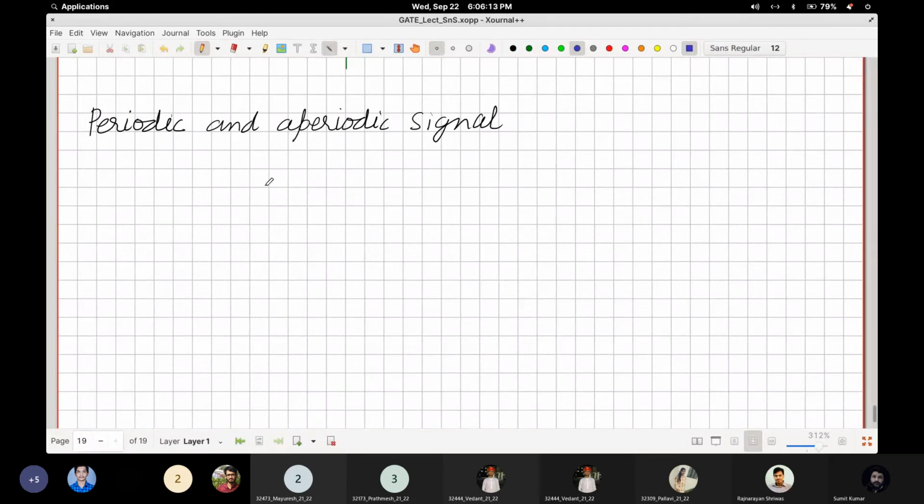So when a signal will be called periodic, if f of t can be written as f of t plus t naught for all time t. Okay, element of real number, let me write it here. Means ये basically इस line का meaning क्या होता है?